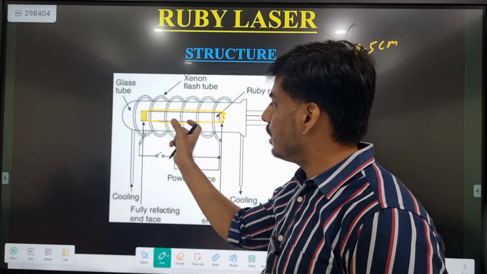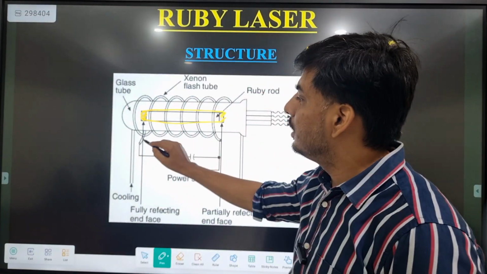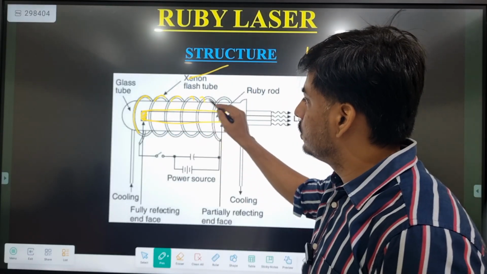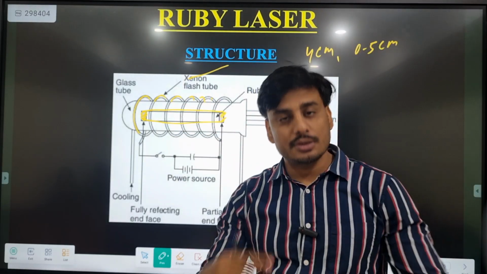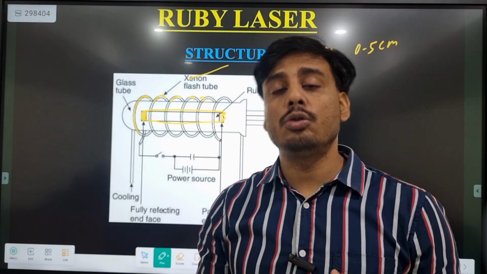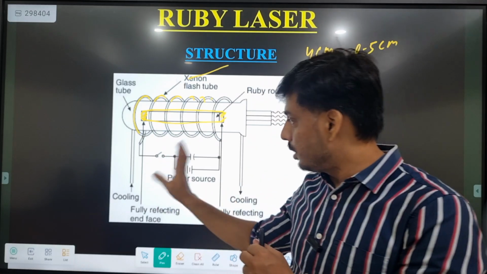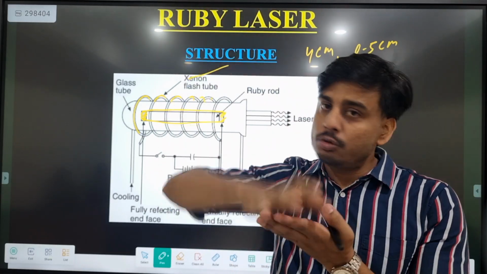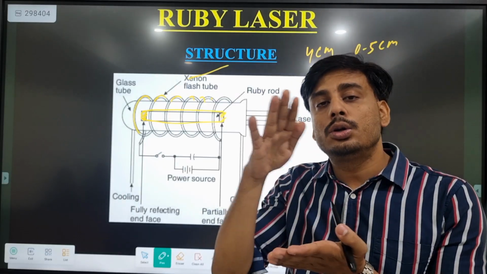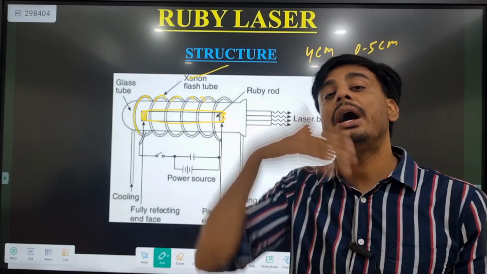And this ruby rod is placed along the axis, and you can see a xenon flash tube surrounded in a spiral around that ruby crystal, from which it will get energy. When the switch is on, xenon light falls on the ruby crystal, and this light is sufficient to excite the chromium particles present in the lower energy state to go to the higher energy state.